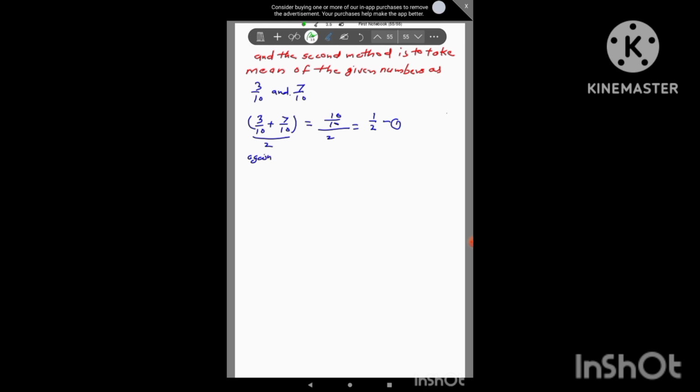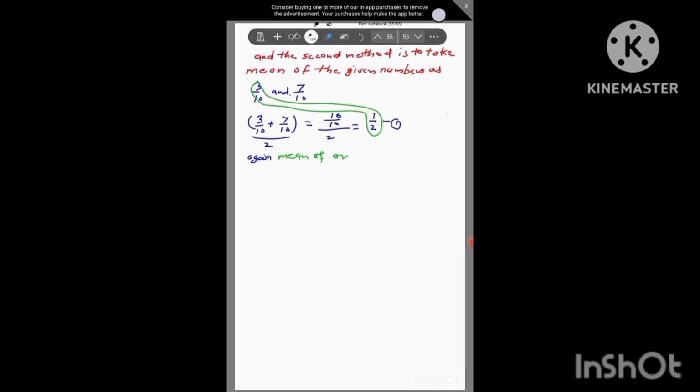The mean of 1 upon 2 and 3 upon 10 will be in between the first two numbers, and also the mean of 1 upon 2, the new number, and 7 upon 10 will be in between these two. So you take this number and any number from any side and find the mean. You can even find the mean of two numbers which are newly formed.